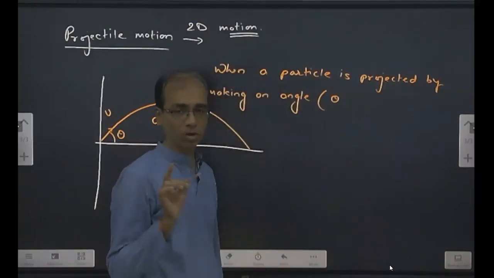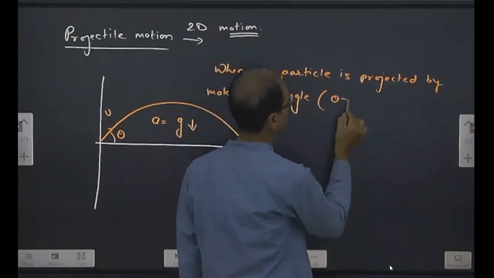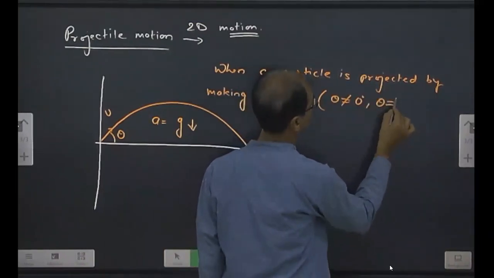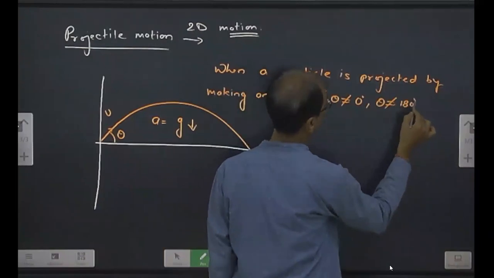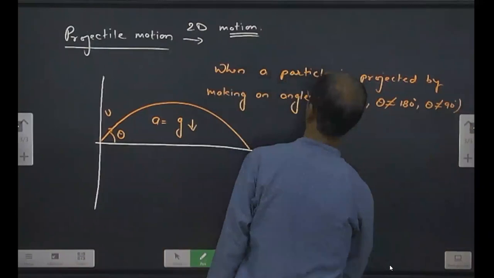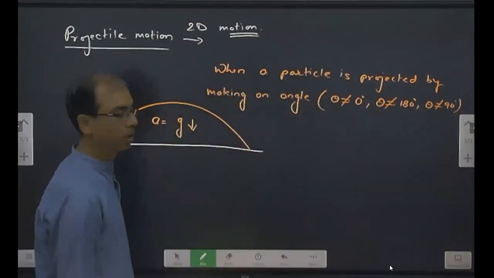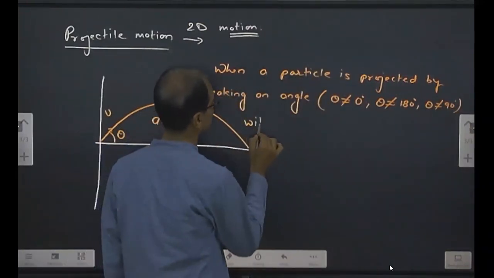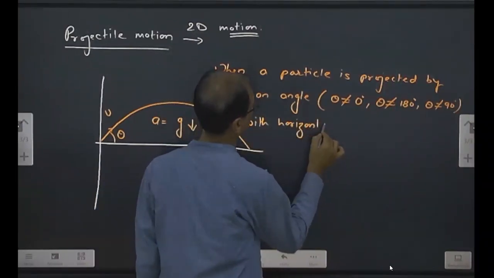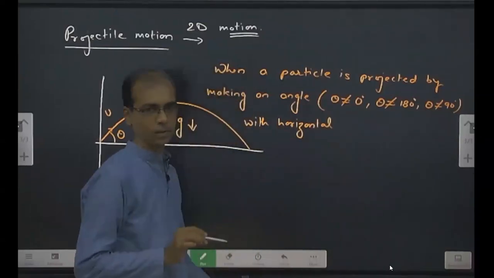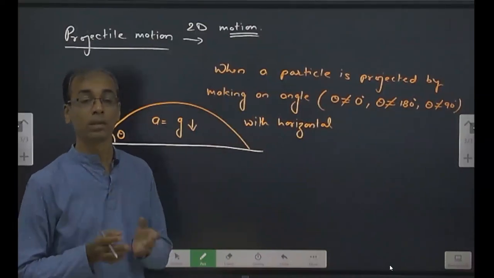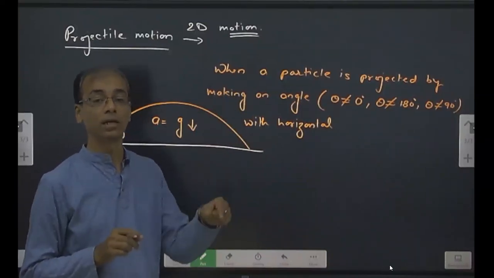Theta cannot be 0, cannot be 180, cannot be 90. Projected by making an angle with horizontal. First thing, when you have thrown a particle by making an angle theta with horizontal, then the motion is under the influence of gravity.